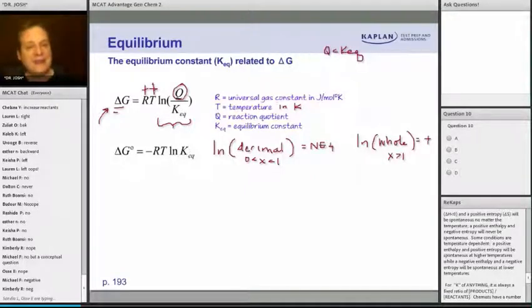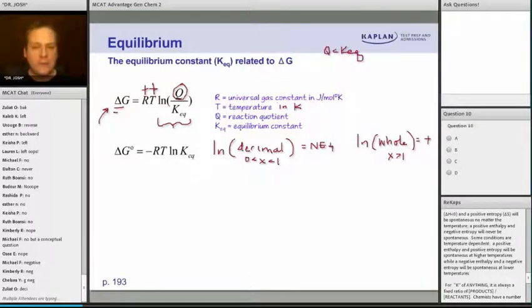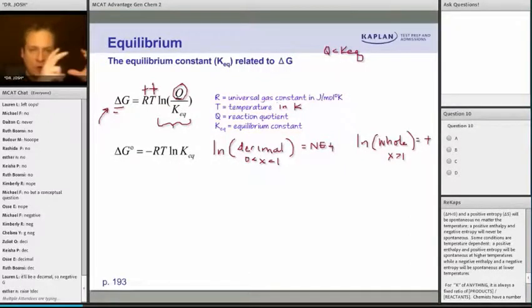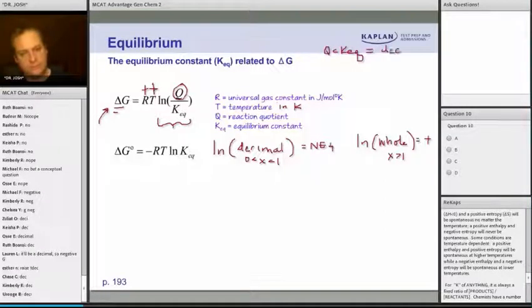So let's say that Q is in fact less than KEQ. Are you going to have a whole number or a decimal as your logarithm? Yeah, guess what? It's going to be a decimal because you're taking a smaller number and dividing it by a larger number.